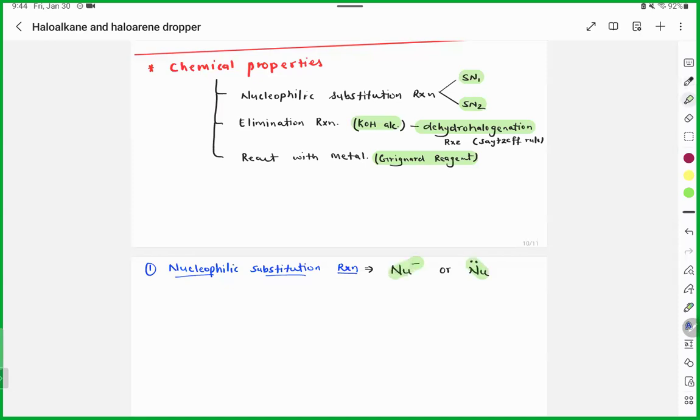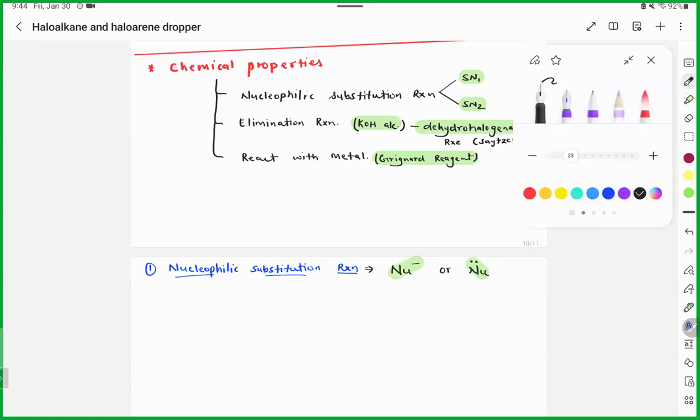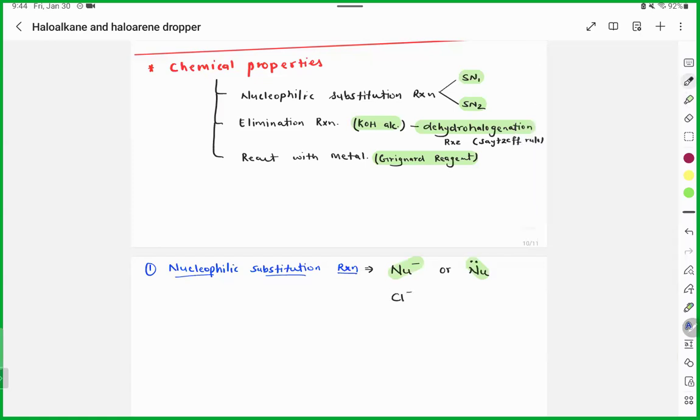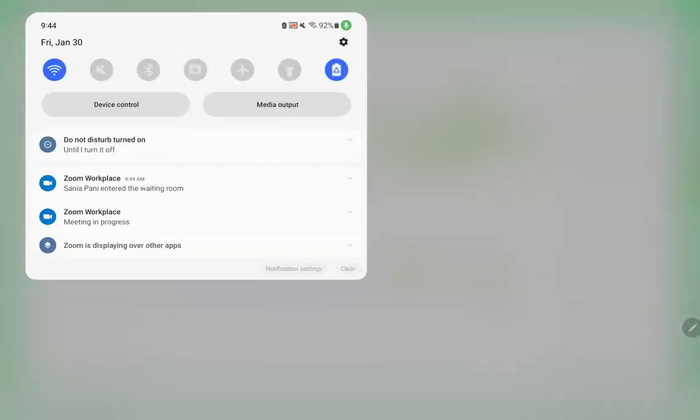One of the best examples: chloride is the simplest form of nucleophile. But if you take ammonia, you don't have a charge, but when you draw the diagram, you will see there is one lone pair of electrons. Because of that, ammonia is also a nucleophile. Anybody have doubt? No, sir.